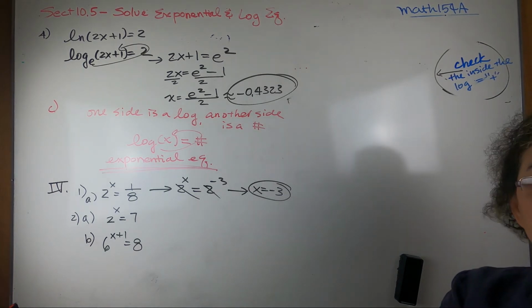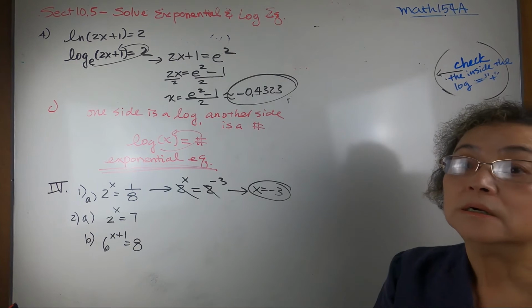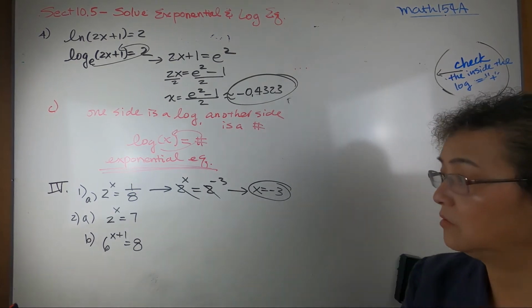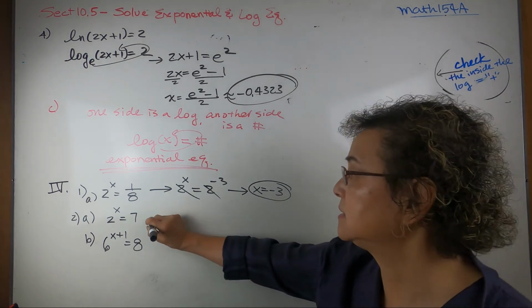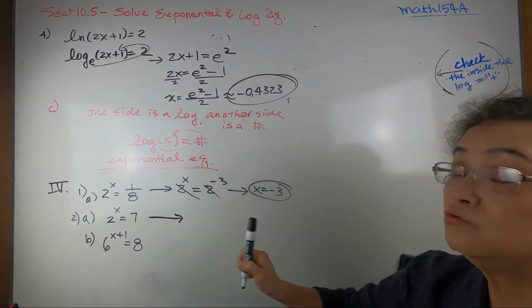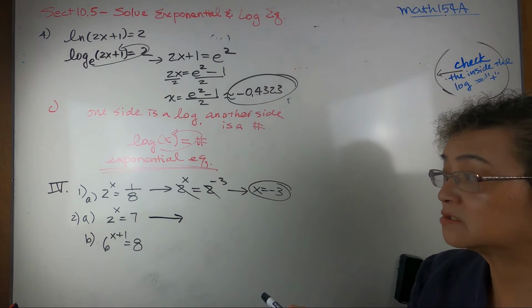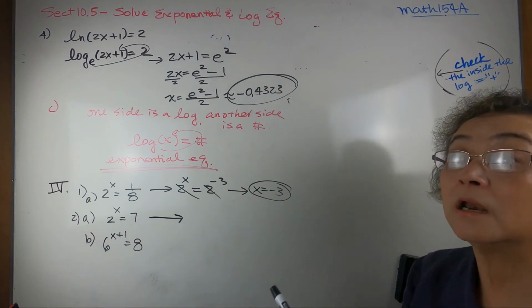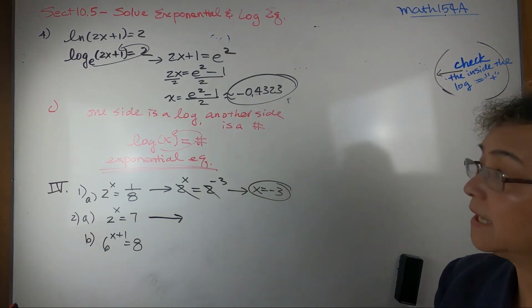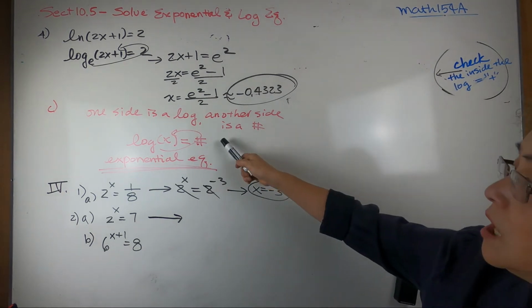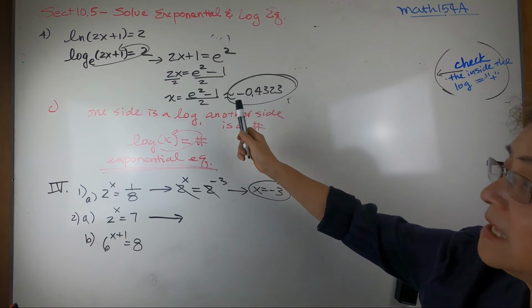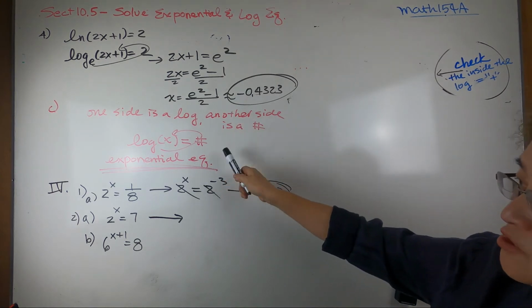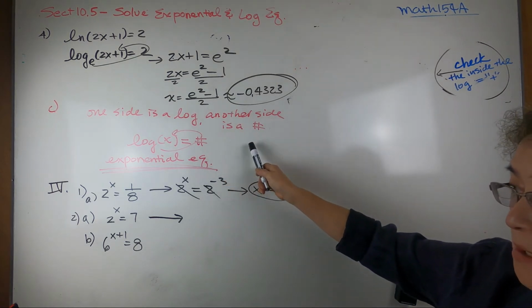That's where the log comes in handy, okay? So we are going to do it the other way around, rewrite it as what? A log, okay? If one side is a log, another side is a number, then you write it as an exponential equation to solve a log.